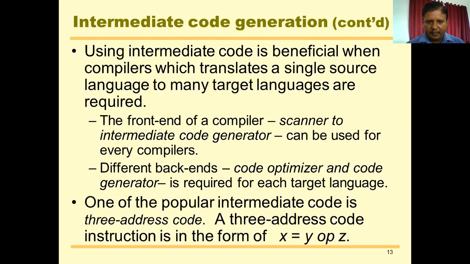So how do we write intermediate code from the parse tree? From the parse tree, using a bottom-to-top approach, each and every node is evaluated and converted into three-address code format. This three-address code format is nothing but the intermediate code language.